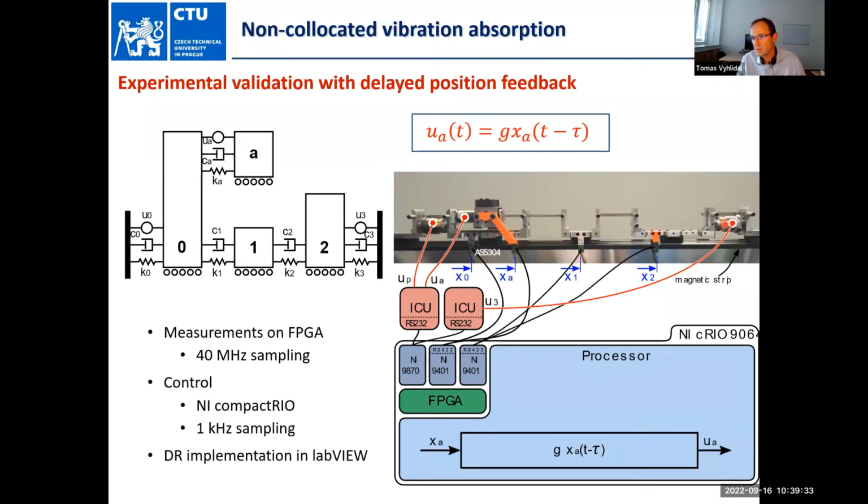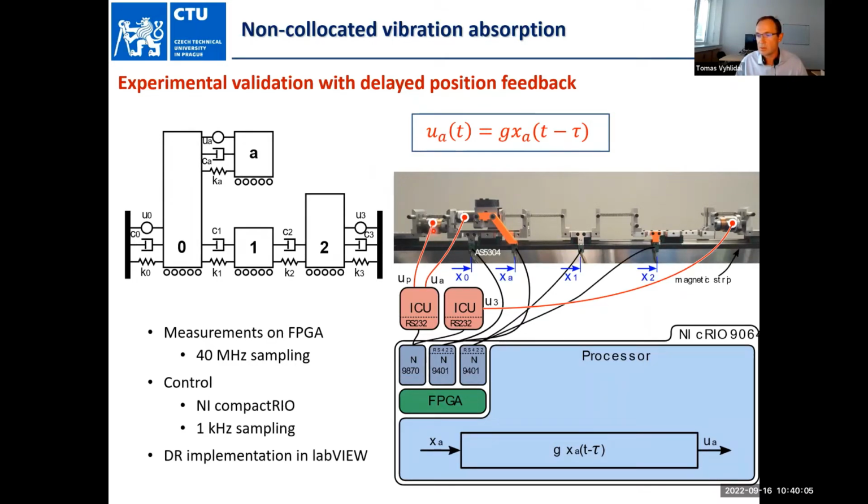We use this voice coil to excite the whole system by periodic force. Then this is the absorber, with the voice coil, the linear motor here. We have here one more linear motor, which is actually not used in this experiment, but we use it in different ones, mainly for stabilization. But now in this experiment, it's not used.